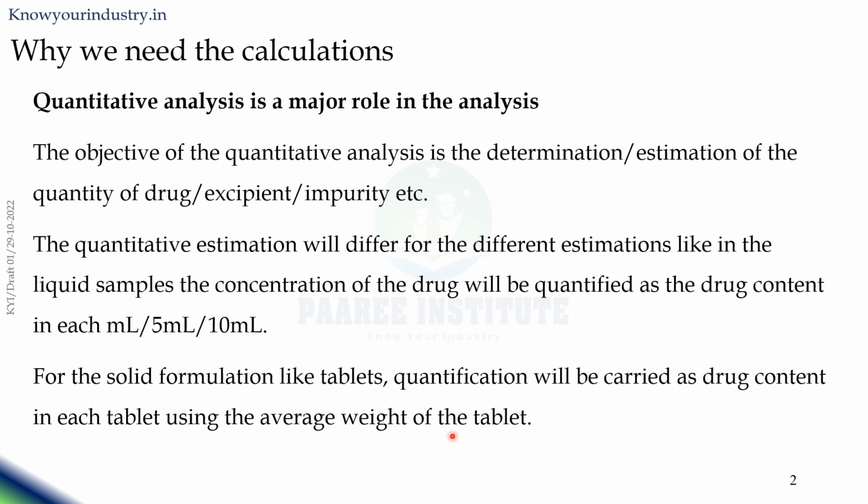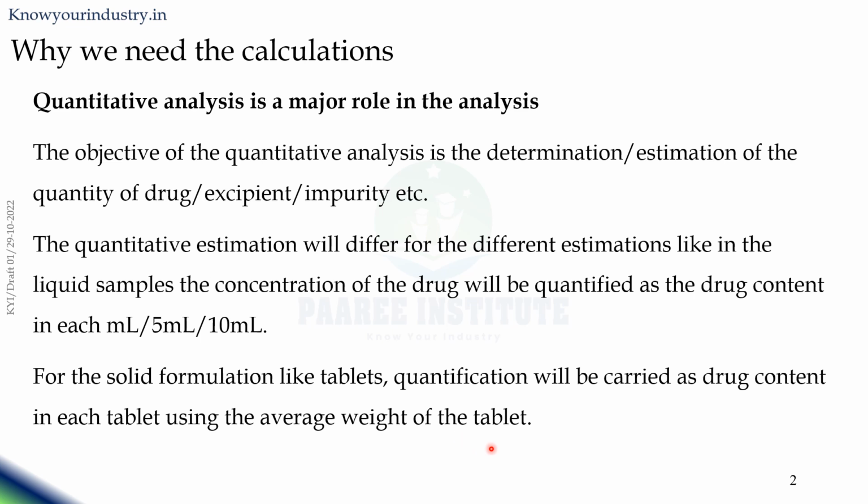And when we do chromatography, you have the peak area or peak height of the chromatogram, corresponding to the standard you injected and the sample you injected. When you compare standard and sample, the standard will be in, say, this much microgram or nanogram or mg per ml, and that is used for the calculation of the unknown sample.